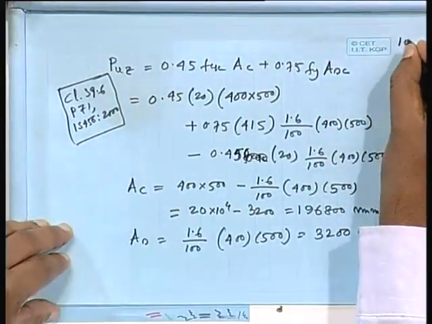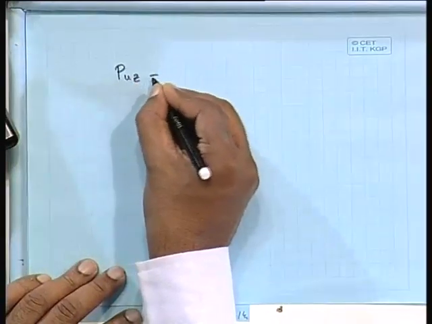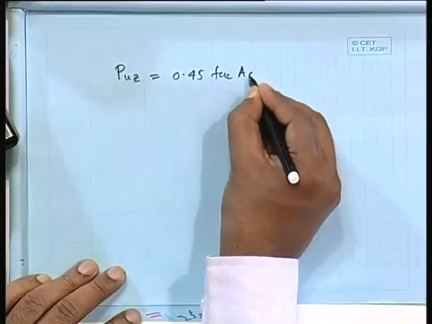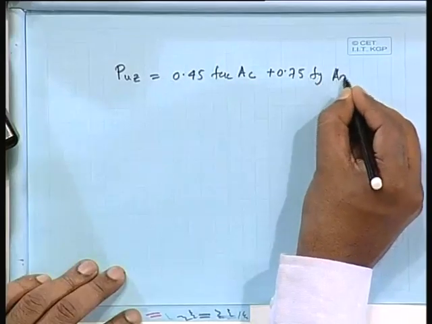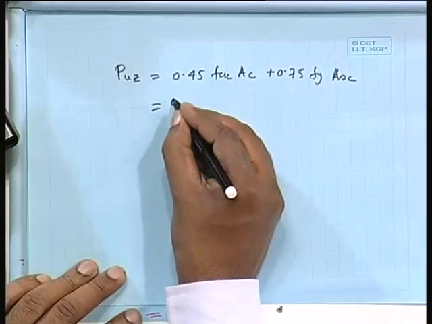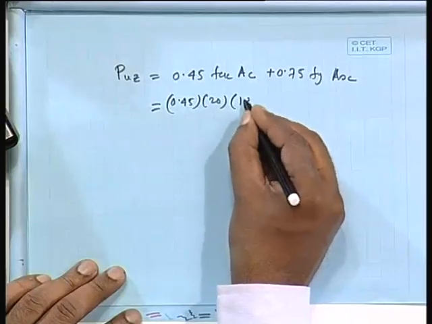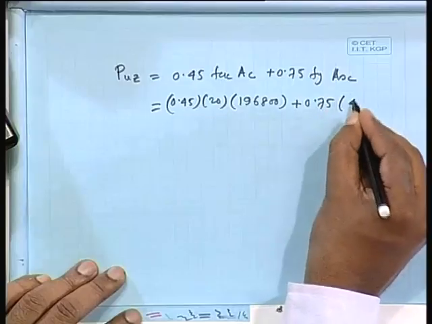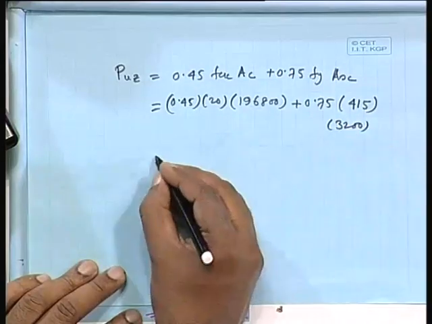So what I can do here then, let us make it PUZ. I have calculated, so 0.45 FCK times AC plus 0.75 FY ASC equal to 0.45 times 20 times 196,800 plus 0.75 times 415 times 3200.